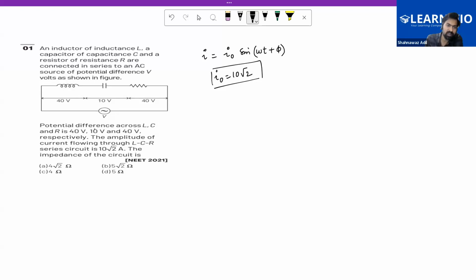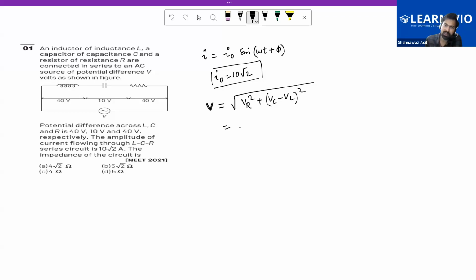So then we can write all these are voltages, right? So we can calculate what is the total voltage V. And remember, all these are RMS values which are given. So we can calculate what is the overall V. This would be root of VR square plus (VC minus VL) whole square.